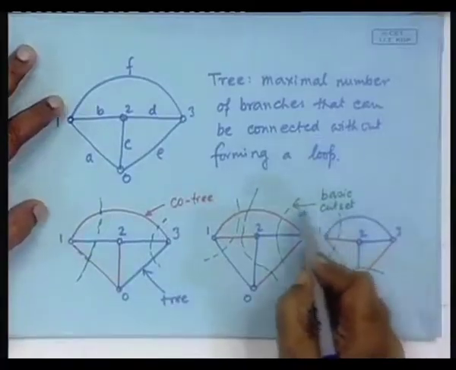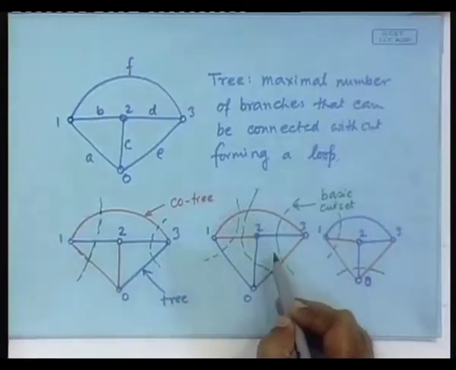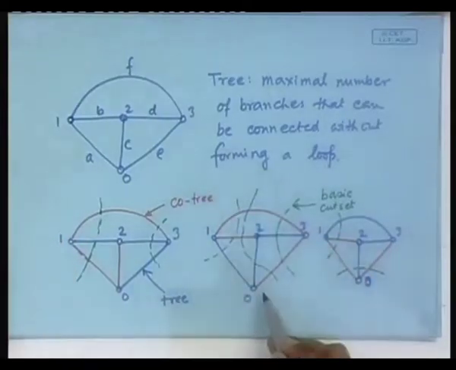Okay. Now, let us proceed with this. This way also we are not very happy, because we said we will choose those branches that are forming the basic cut sets, but you can see there are various ways of forming the basic cut set. Out of that, which one do we choose?